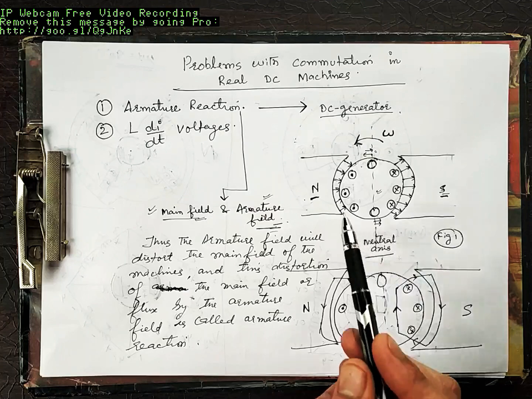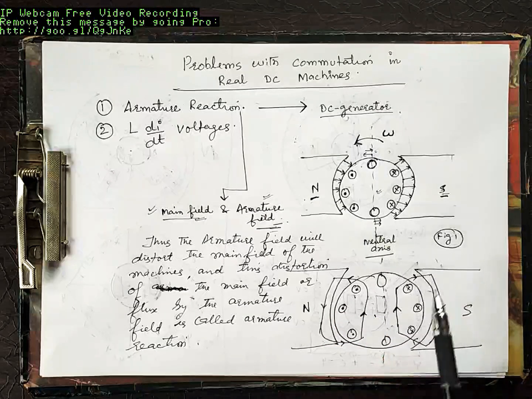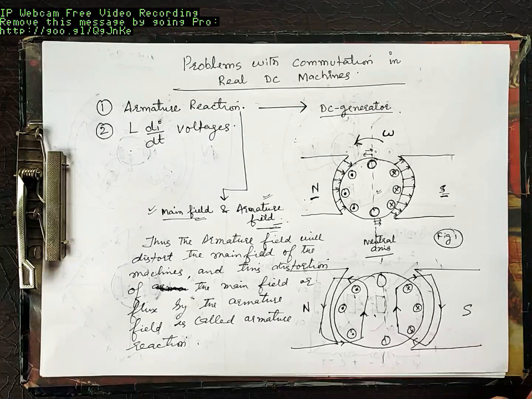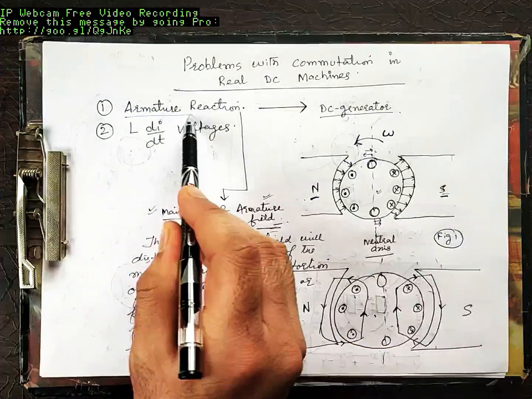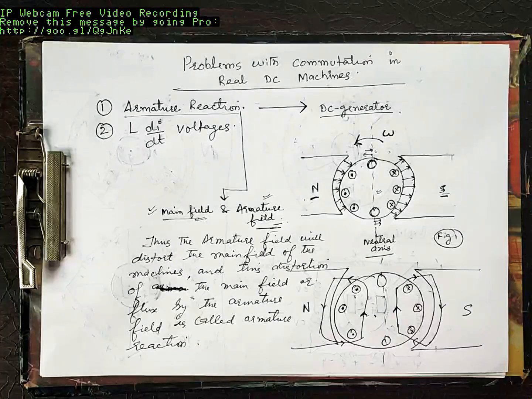That is, the original main field has been distorted by the armature magnetic field. This phenomenon is known as armature reaction. So armature reaction is a distortion of the main field by the armature magnetic field, or the distortion of the main flux by the armature flux. Fine.